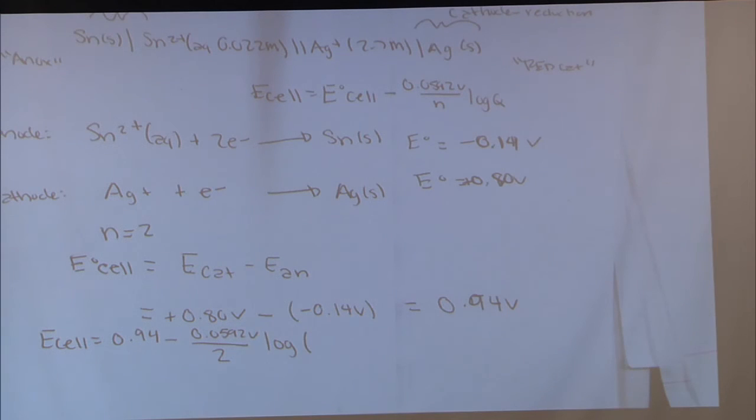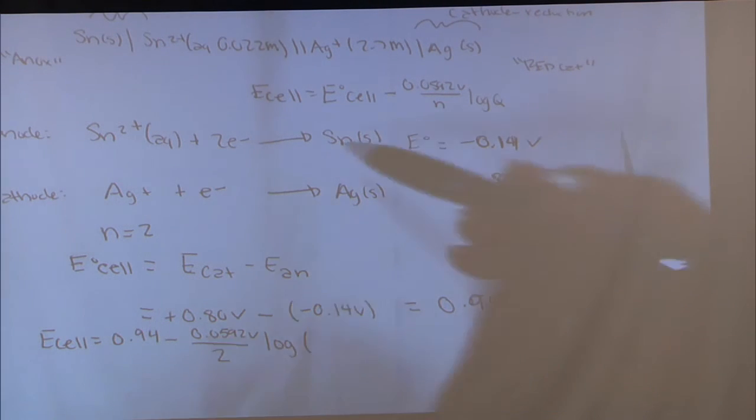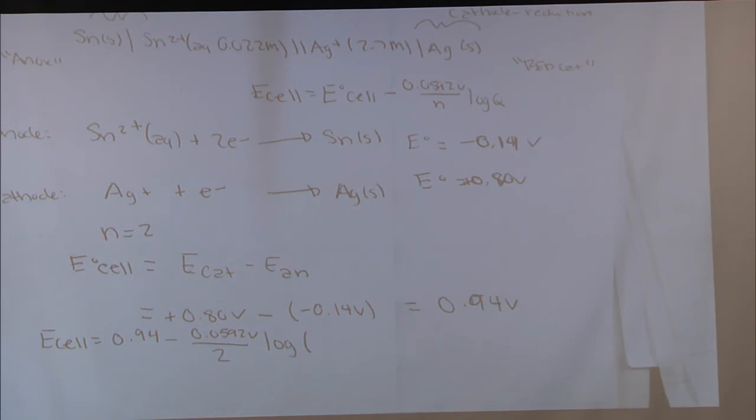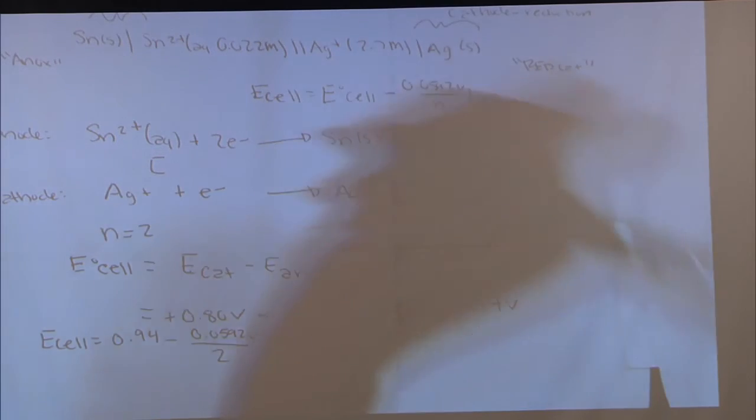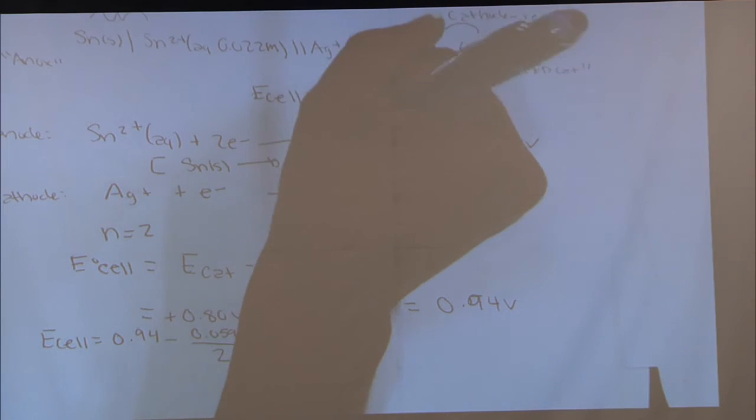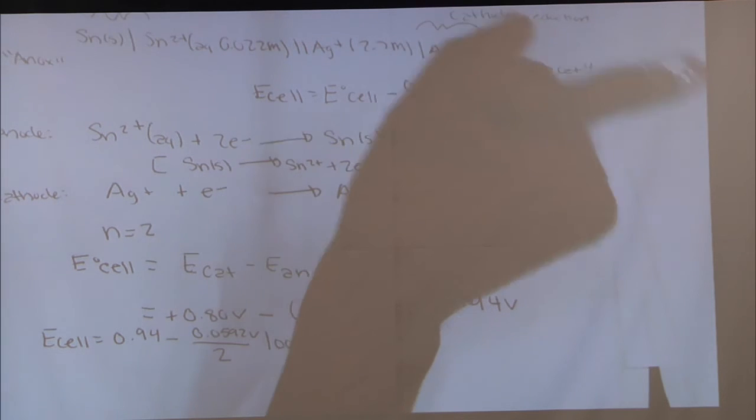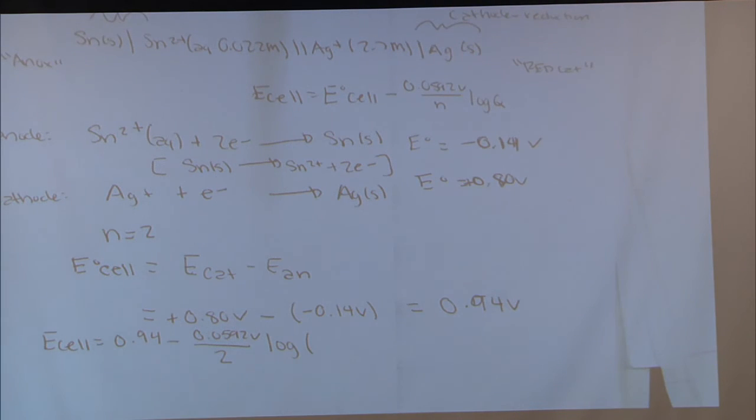Well, anode is oxidation. Oxidation loses electrons. So this reaction is actually reversed. So it's actually going to be Sn solid yields Sn2 plus 2 electrons. Because for oxidation, they're losing electrons, so we're going to want to put that in the product side of the reaction.